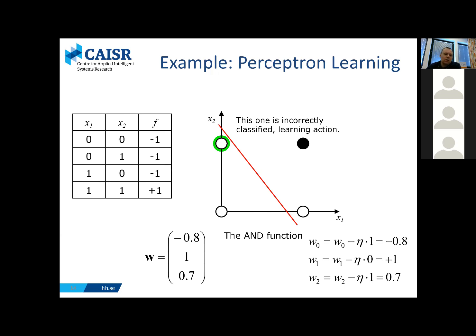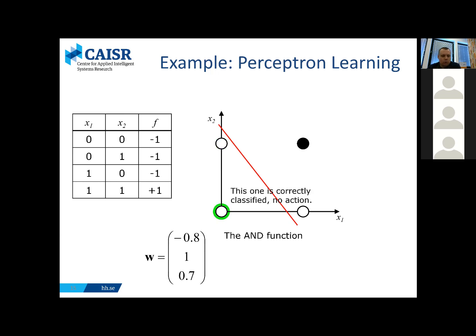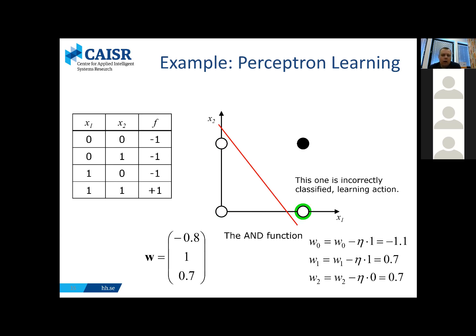Right? And as you can see, it makes sense. We had a neuron with this kind of decision boundary. We have found an example which was misclassified. So we are changing this decision boundary, moving it closer to the misclassified example, like this. And then we go to the next example. So here is the third example. This one is correctly classified. There is nothing we need to do. And then we go to the last example.